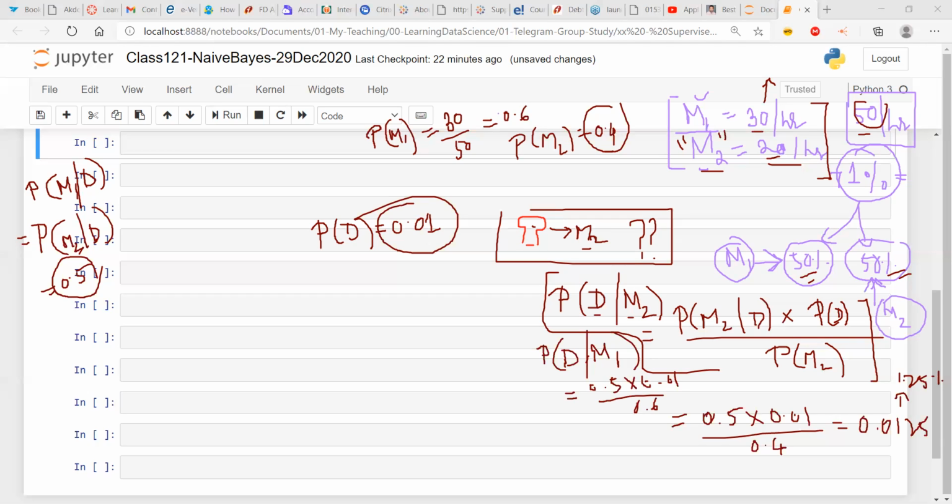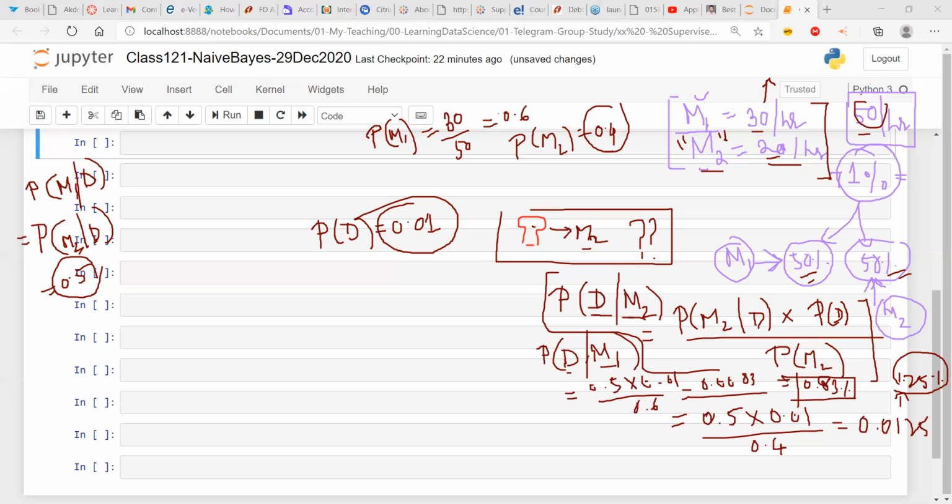If I calculate this, it is going to come out as, if I'm not wrong, 0.0083, which is 0.83 percent. So there is only a 0.83% chance that M1 is going to produce a defective bulb, and there's a 1.25% chance that M2 is going to produce a defective bulb.